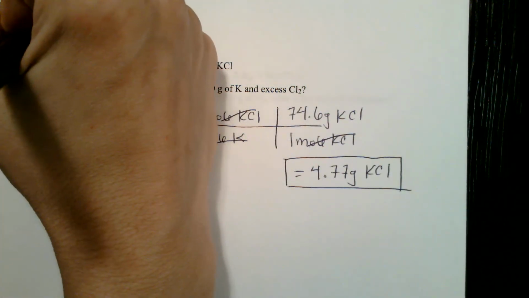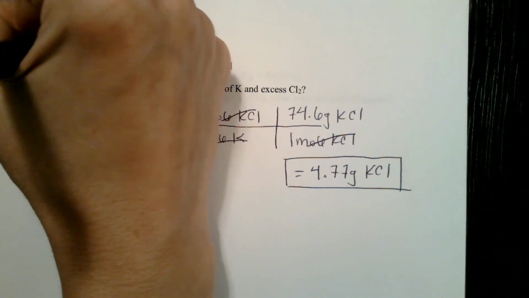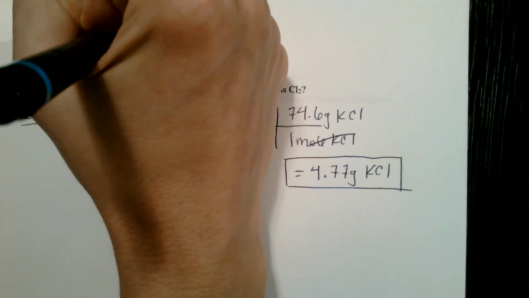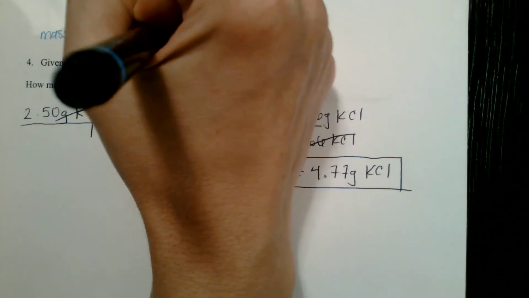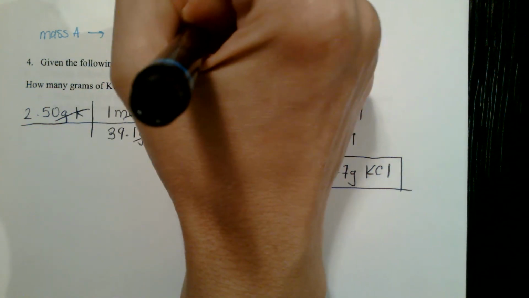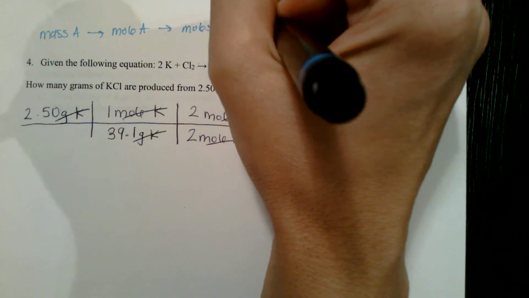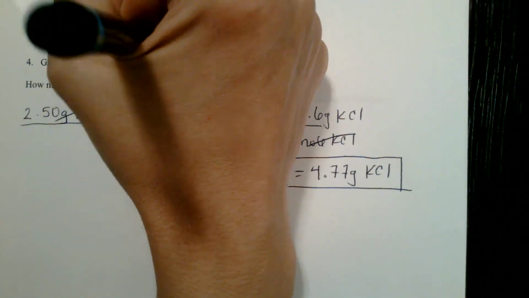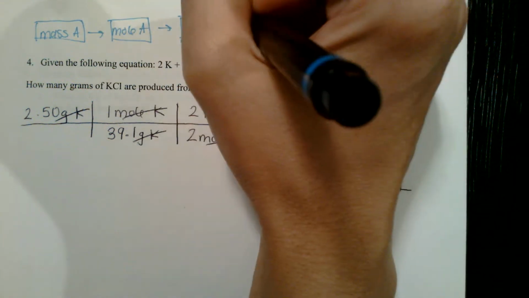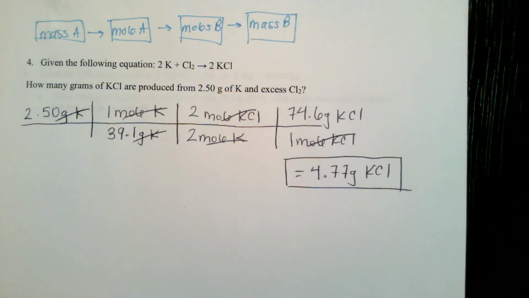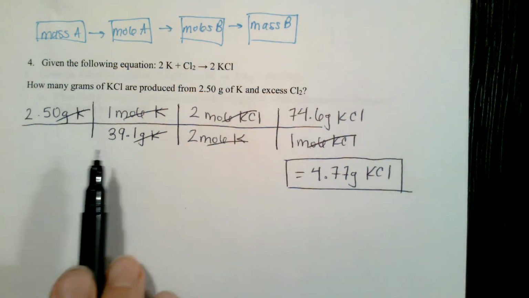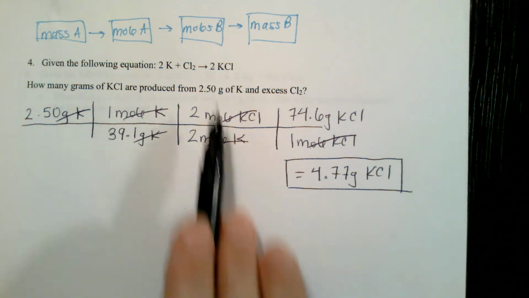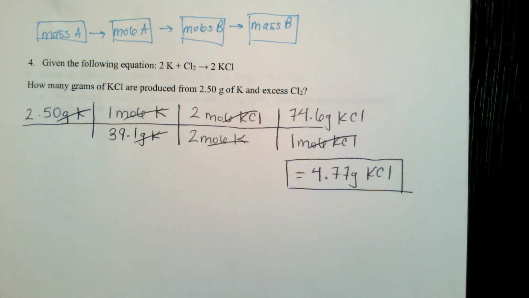So this one we went from mass of compound A, then we went to moles of compound A, then we used a mole ratio to get moles of compound B, and then we went to mass of compound B. So this one required us to do 3 steps. Each of those arrows is a conversion factor that I needed to accomplish this problem.